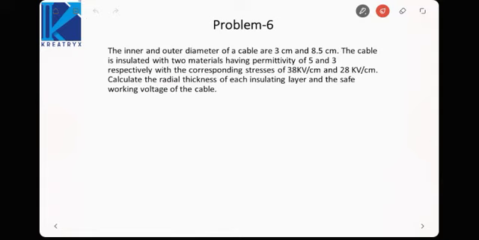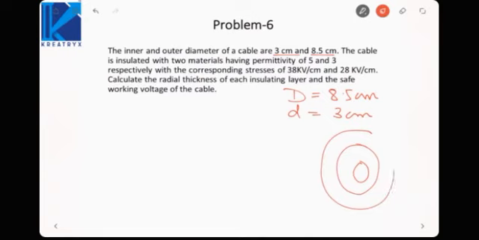In our next problem, it is saying the inner and outer diameter of a cable are 3 cm and 8.5 cm. Okay, so outer diameter is 8.5 cm, inner diameter is 3 cm. The cable is insulated with two materials like this.